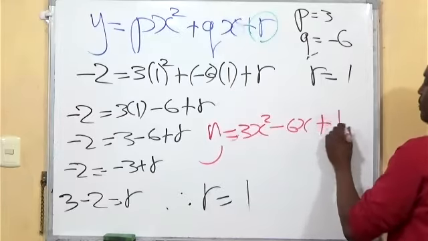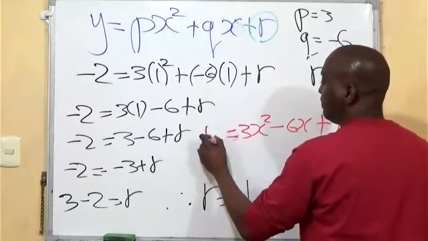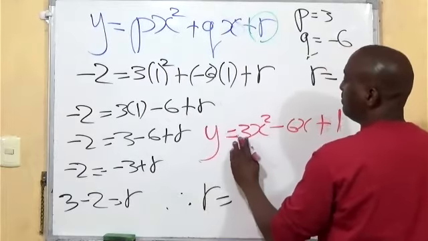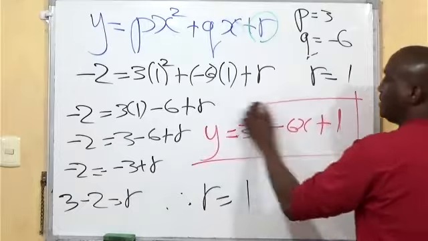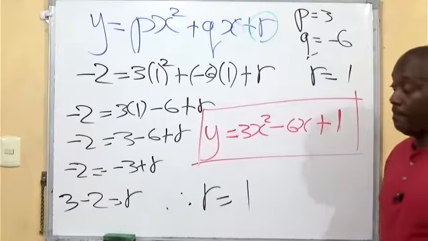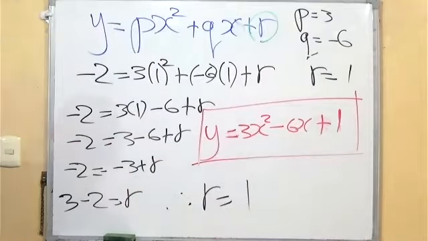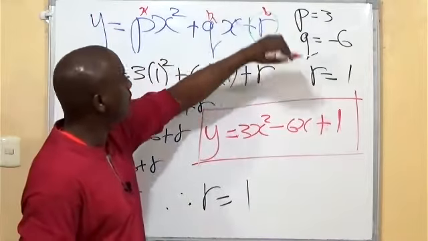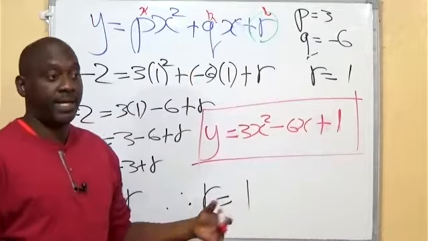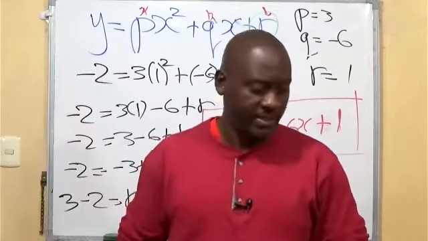They could have also worded the question by saying, find the equation of the curve. Instead of asking you to find p, q, and r, they could have just said, determine the equation of the curve. And the only way to determine the equation of the curve is to find the values for p, q, and r. So again, you get a sense of different ways in which you can ask the same question.